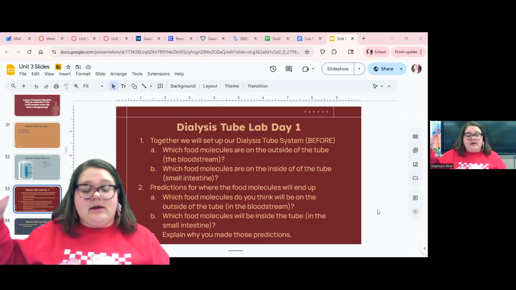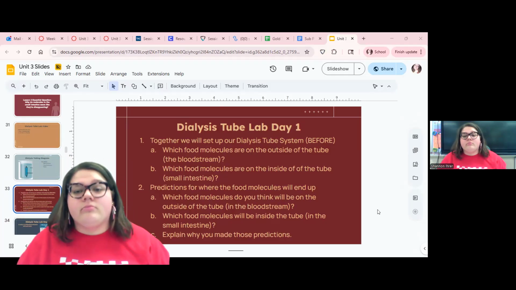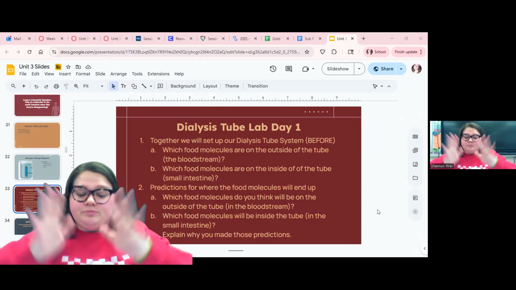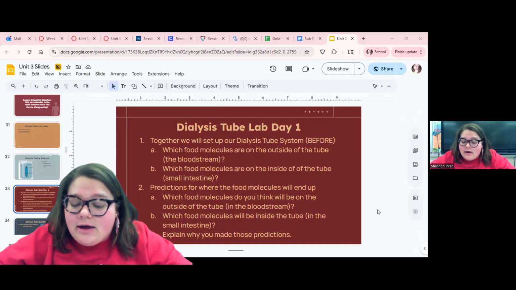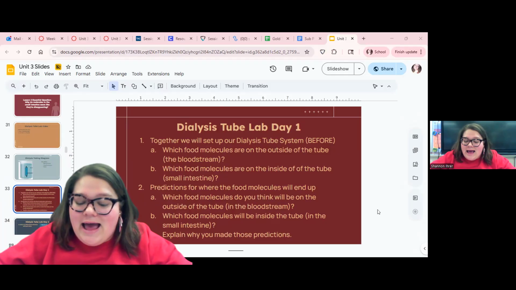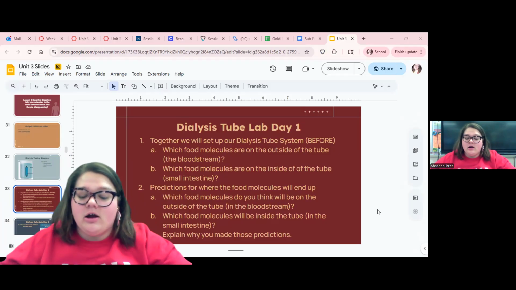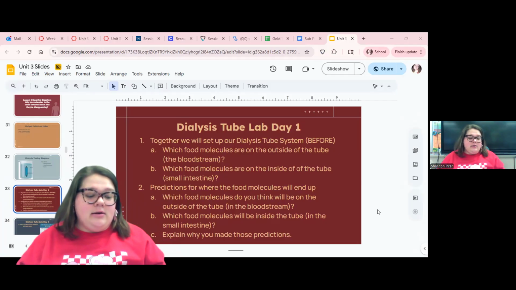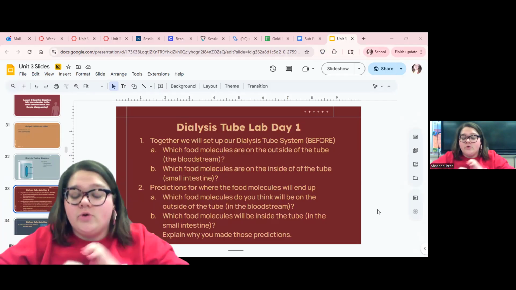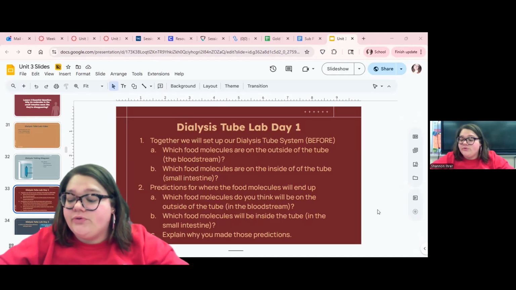So we're going to use something called an indicator. Let me back up so you have the correct information. It says part 1, how do we set up our dialysis tube system? Which food molecules are outside of the tube to start? There you want to write none. There are no food molecules outside of the tube to start. Which food molecules are inside of the tube to start?